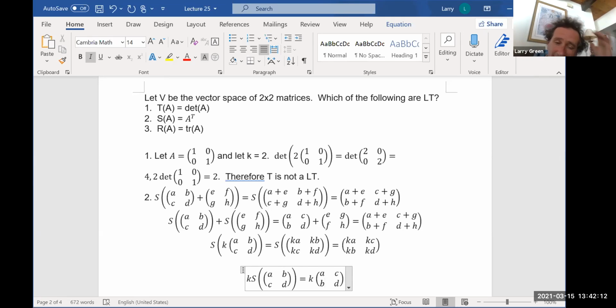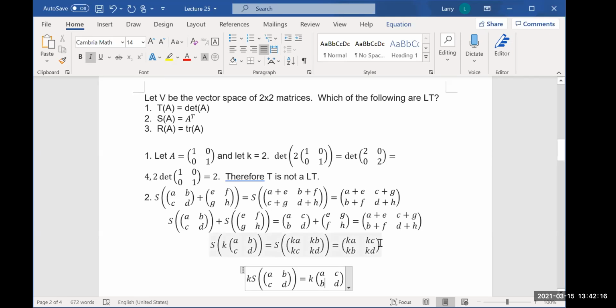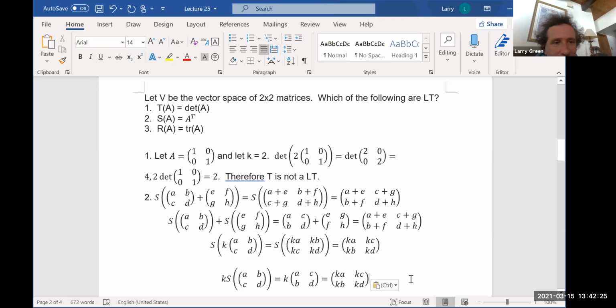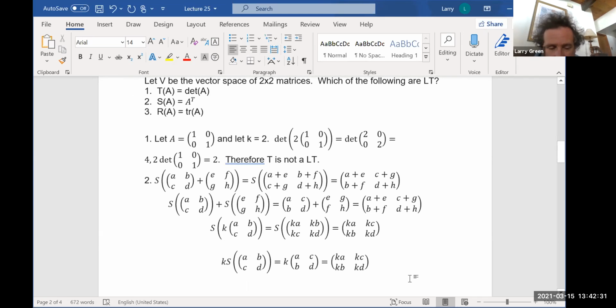And what's good about that? It's the same. Yeah, when you multiply the K through, you get the same thing. So that means that S is a linear transformation. Any questions on that?